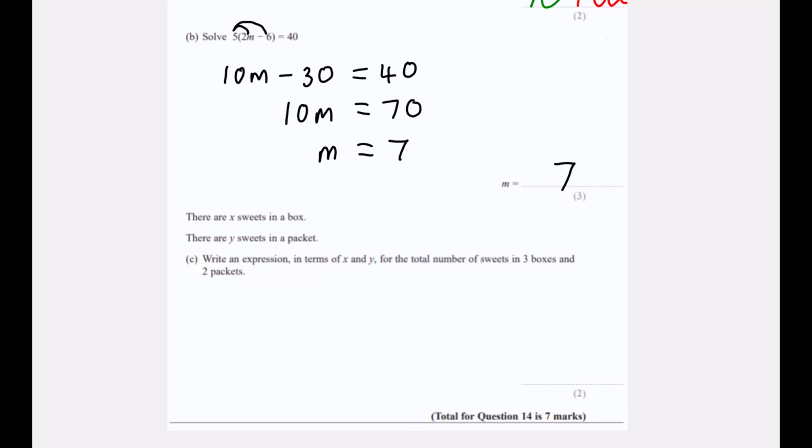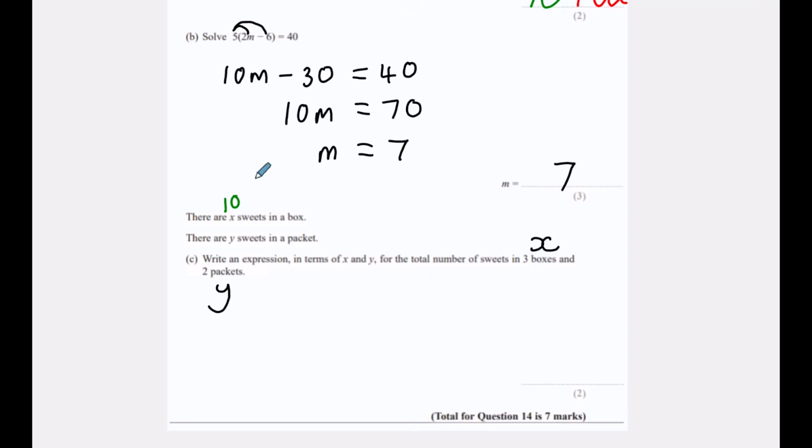There are x sweets in a box. There are y sweets in a packet. Write an expression in terms of x and y for the total number of sweets in 3 boxes and 2 packets. So each box is x. Each packet is y. So if there were, say, 10 sweets in a box, we had 3 boxes, we'd want 3 times 10, 30 sweets in total.